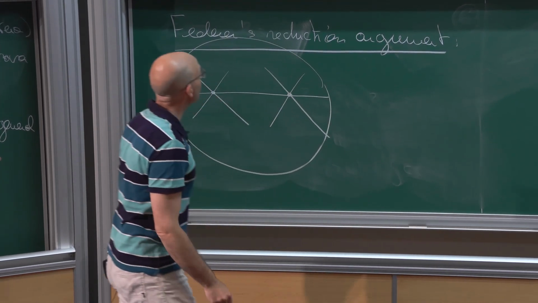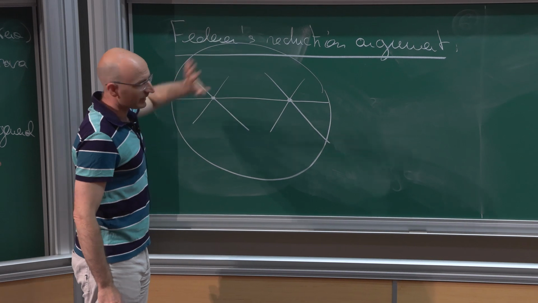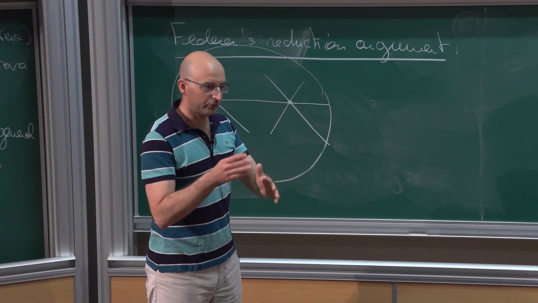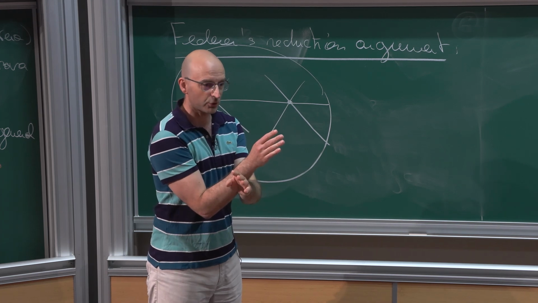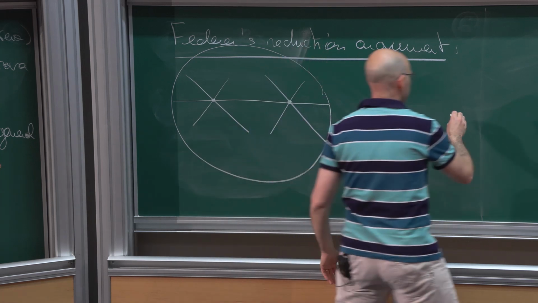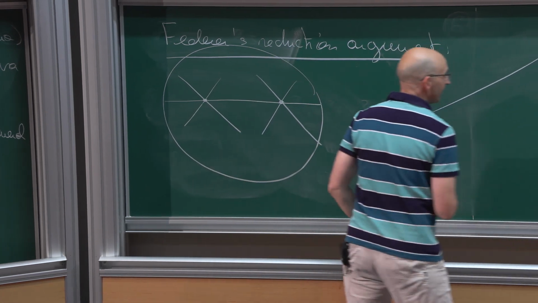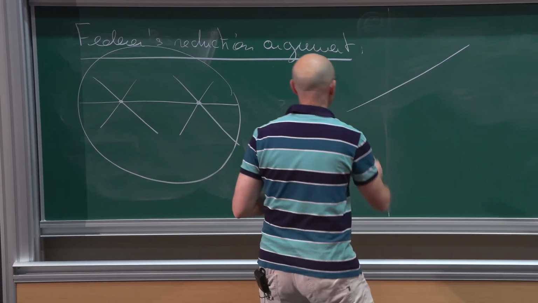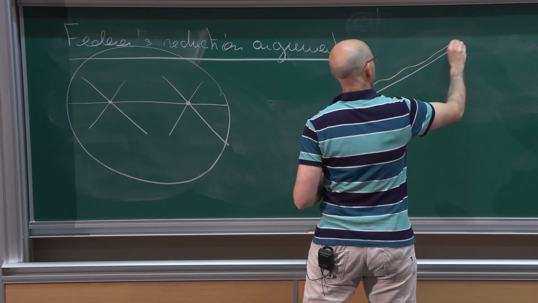Okay? So this Federer reduction argument tells you that under some assumptions, essentially, if I am close to a cone which has a product structure, my singular set has the tendency to cluster around the spine of this cone, somehow around the factor. So it gives you some sort of linear approximation for your singular set.